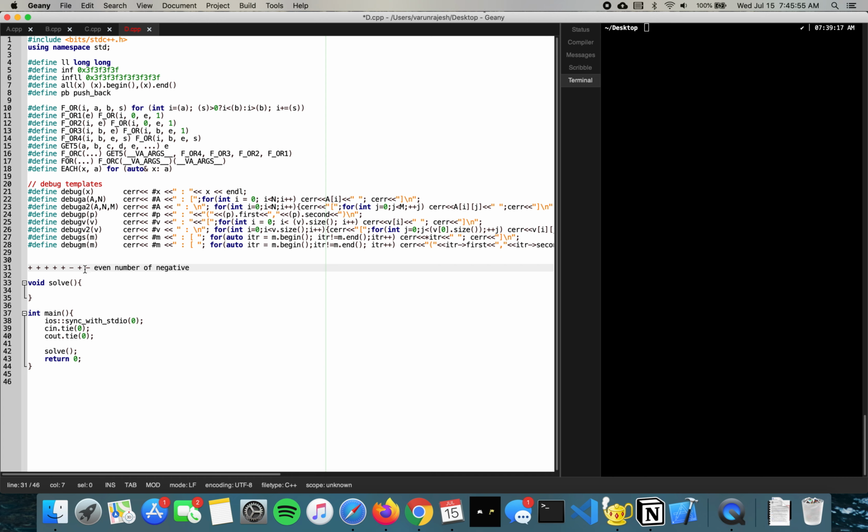And when they aren't next to each other, if we switch a positive and a negative, like here, we can do so such that the two negatives are next to each other, and now we can convert these two negatives both into positives. So this logic of always trying to pair up the negative numbers and changing them both at the same time only works if there are an even number of negative numbers.